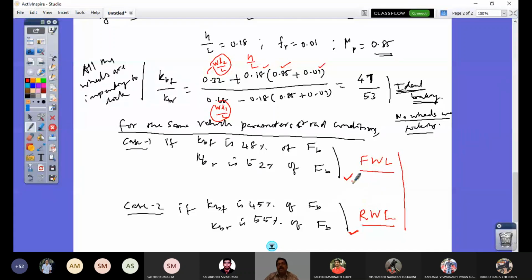Or I can ask you in another way: how can you quantitatively determine this wheel locking? Can you say that? For that, you have to calculate what is A by G associated with the vehicle.